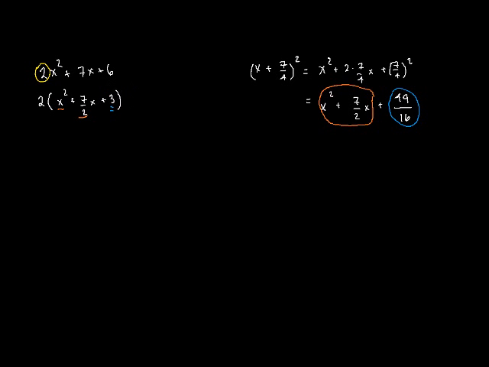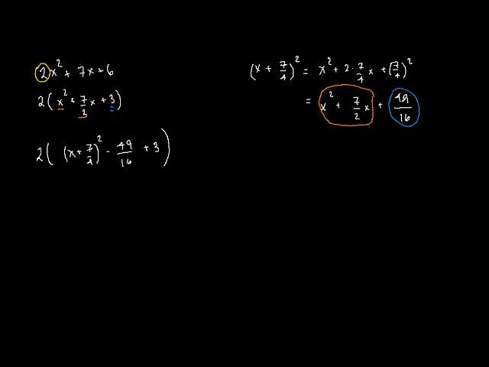and then add the 3 that's missing. So if I were to make the left-hand side equal to the right-hand side, I would need to write this as 2 times x plus 7 over 4 squared minus the 49 over 16 plus 3.